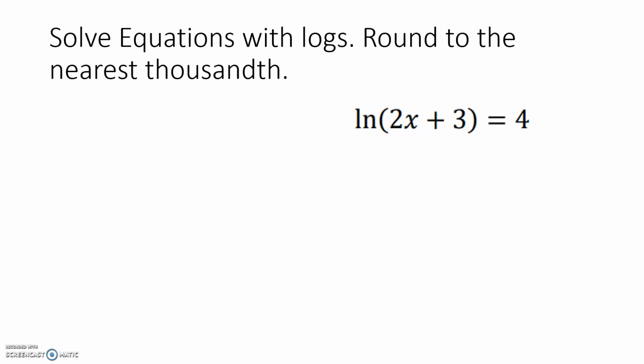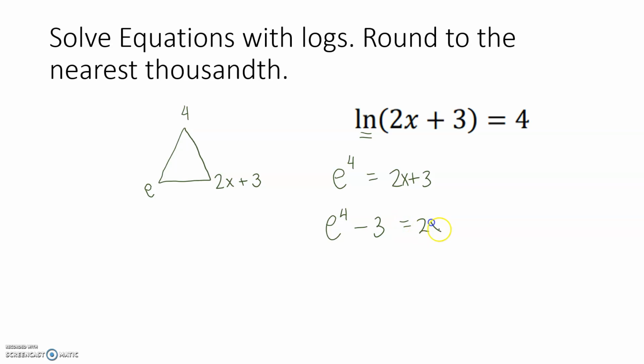All right, so this is a log equation, but I can rewrite it as an exponential. The base is e because it's ln. The exponent is 4 because that's the answer with a log. And so then if I write that exponentially, it'd be e to the 4th equals 2x plus 3. So I'd subtract 3. And then I'd divide by 2.